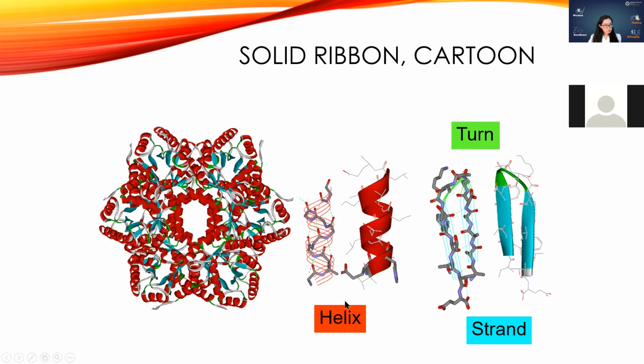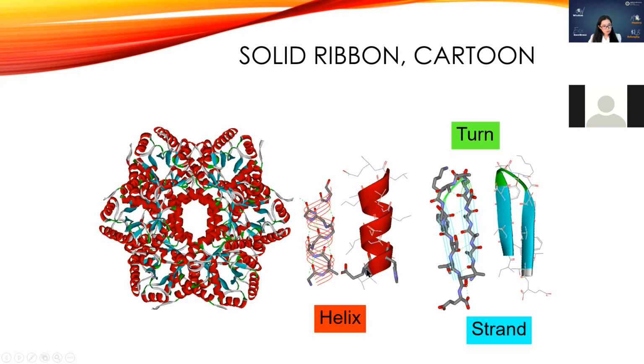For solid ribbon, you can see that the helix is basically drawn from the main chain, and then the size of the main chain is expanded in so many lines and rendered until it becomes the ribbon.